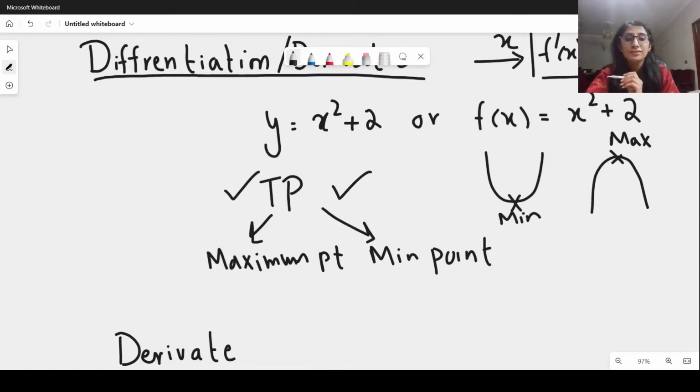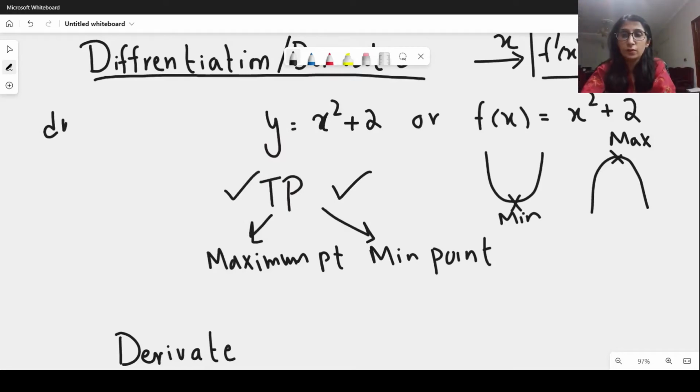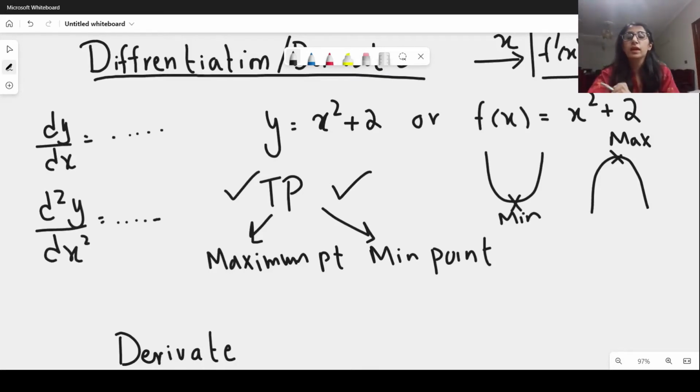Now what you do in this case is that you differentiate the function again. You already have dy over dx equal to some value. Now you differentiate it again. That is represented like this. Let's say after differentiating again you get 2x minus 1. So now you input that value of x you got from before, let's say x equals 3.